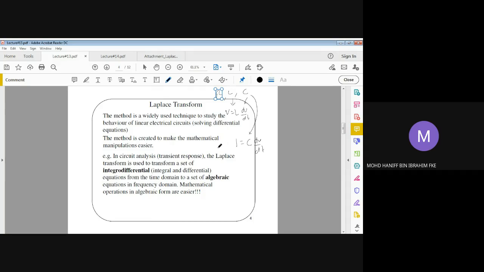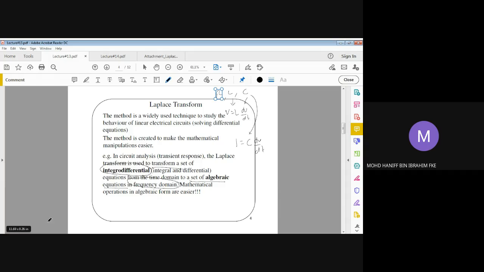This is why we need to use the Laplace transform. With the Laplace transformation, we transform this set of equations, which involve integration and differentiation in the time domain, into a simpler set of algebraic equations, but in the frequency domain. You get the point there?